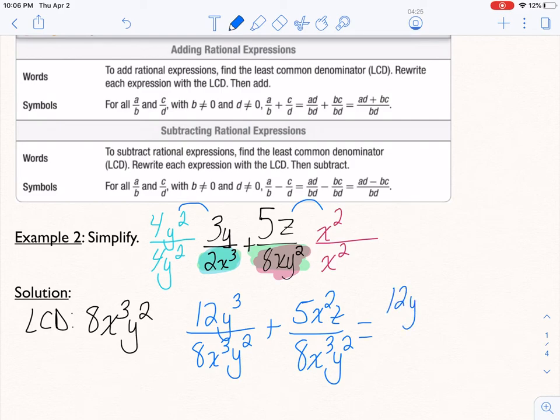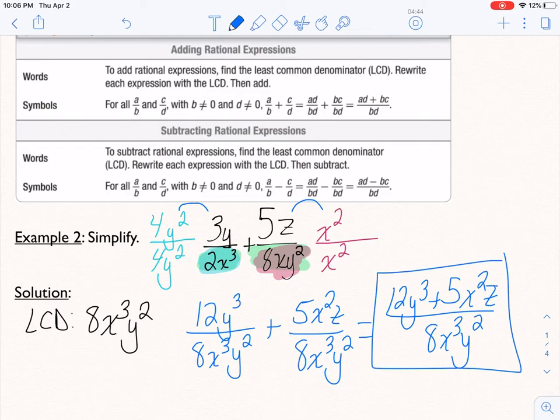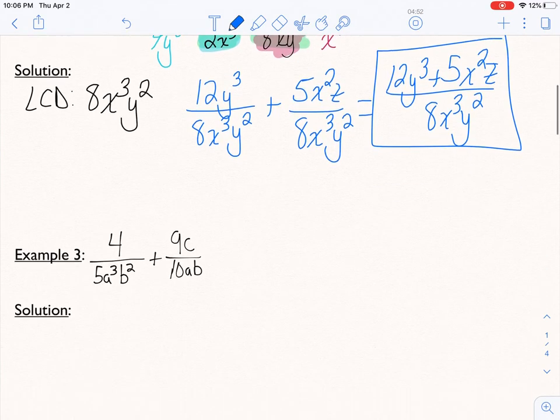So up top, I get 12y to the third plus 5x squared z over my common denominator of 8x to the third y squared. I don't have anything in common in all 3 terms, so that is my final answer. No, I cannot add 12y to the third plus 5x squared z because those are not like terms.